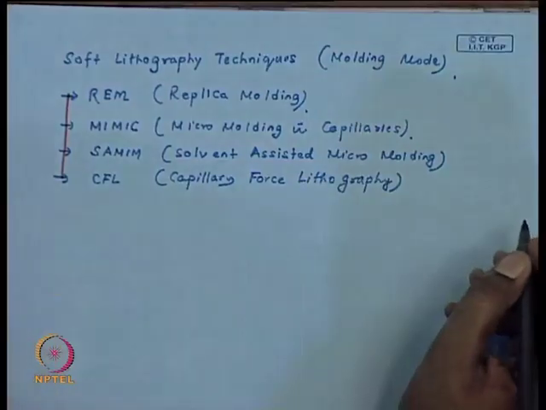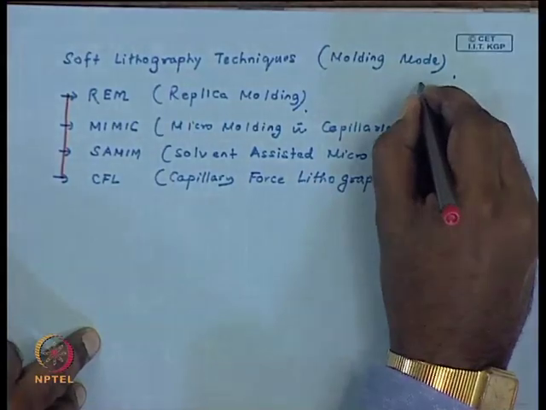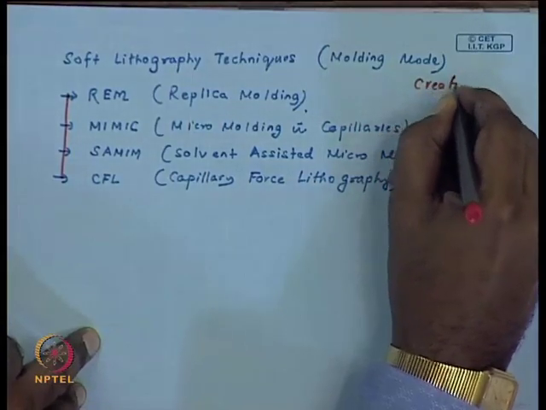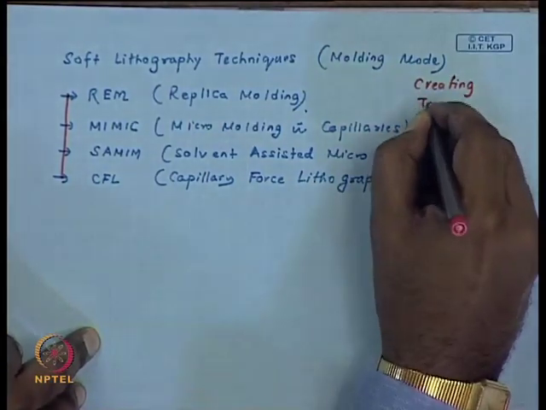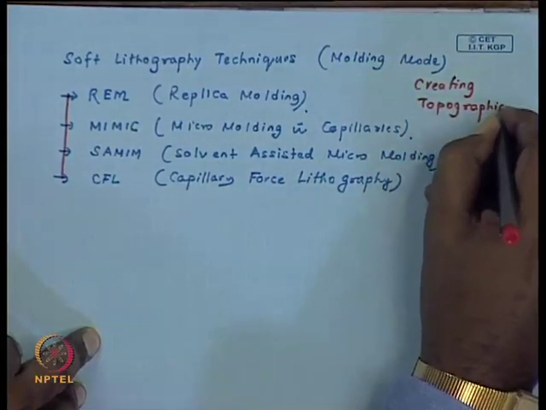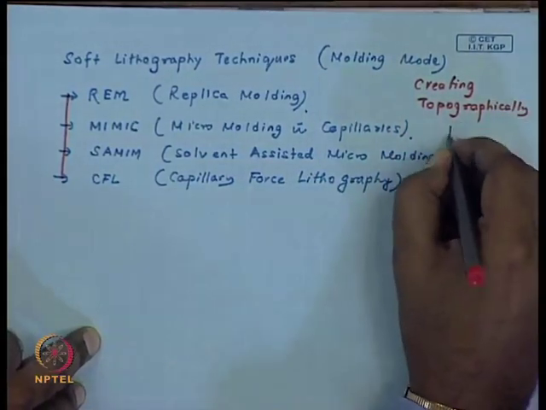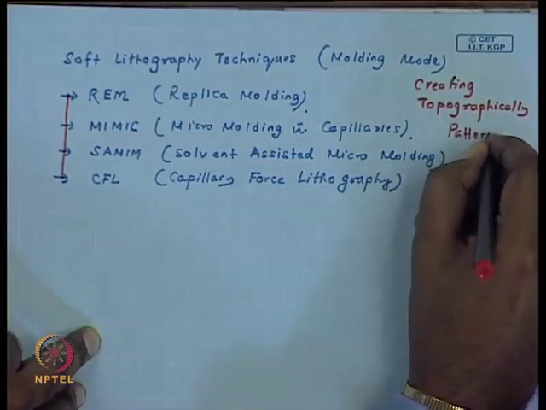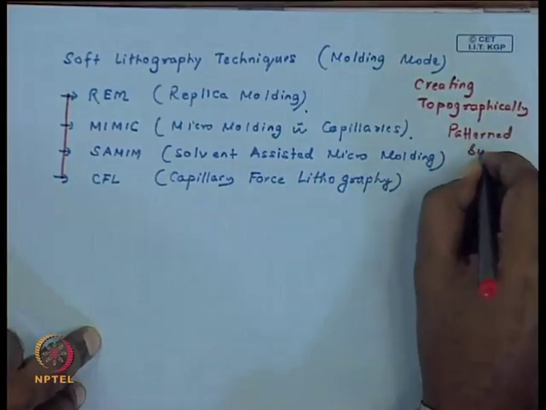First, we will be discussing in somewhat detail these 4 major soft lithography techniques, which are primarily the molding mode techniques, or you use them for creating topographically patterned surfaces.